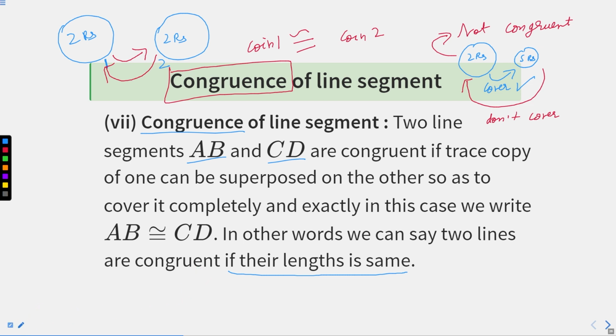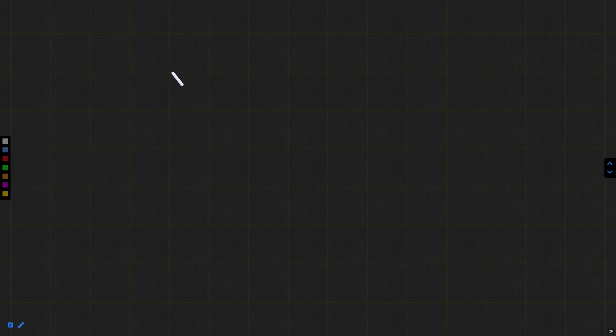For example, if you are seeing this blackboard, I am drawing from this block to this, AB, and I have another line segment CD.